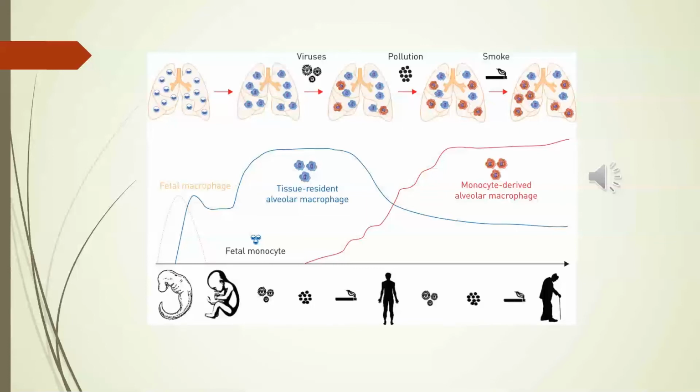So at the start, most of the macrophages are resident and develop from the fetal monocytes, and after that the resident macrophages are replaced with monocyte-derived alveolar macrophages, which increase with age.